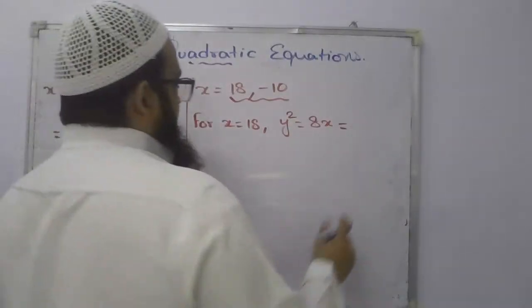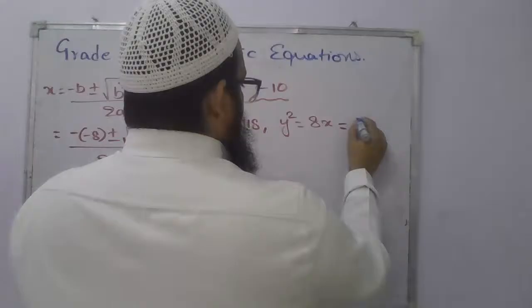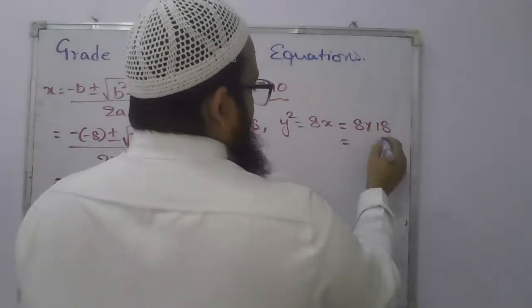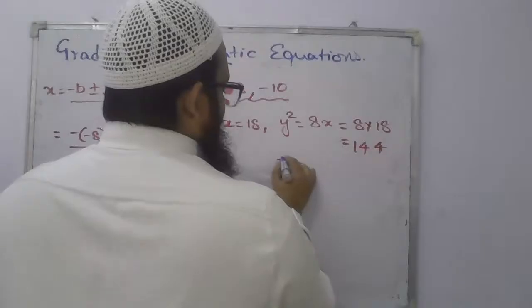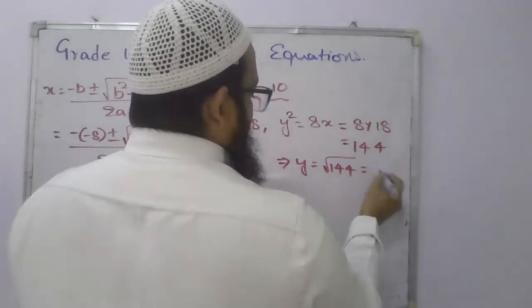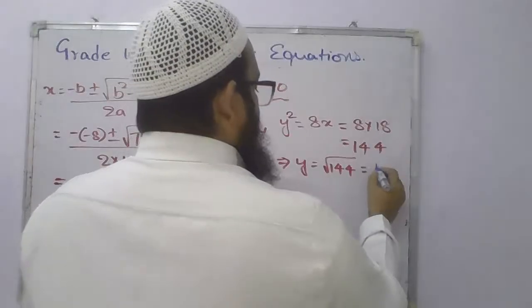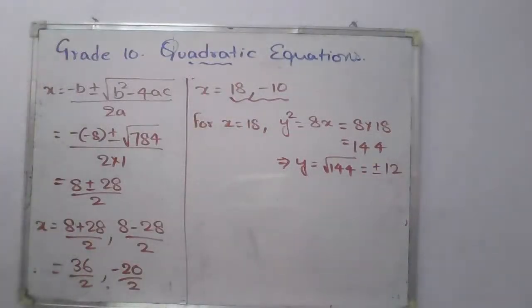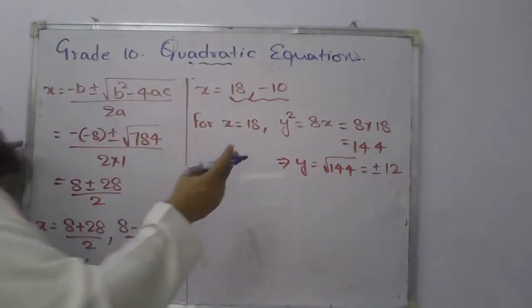Yeah, y square is equal to 8 times x. So that is equal to 8 into 18. So 8 8s are 64, 8 1s are 8, 144. So that implies y is equal to the square root of 144, that is equal to plus or minus 12. Is it right? Yeah. So you have two values.